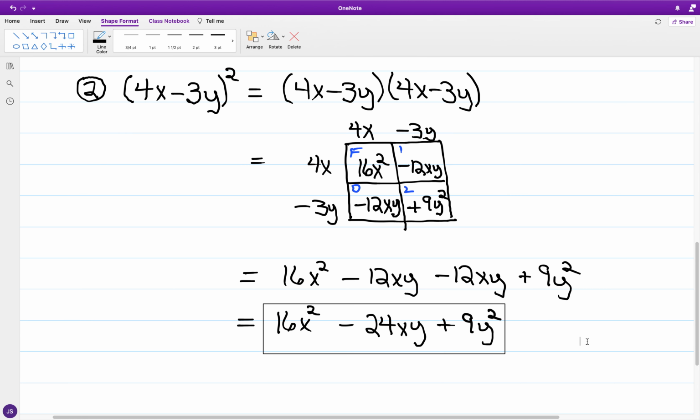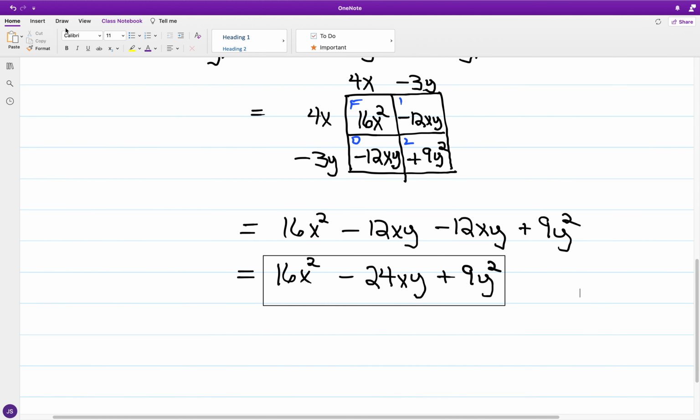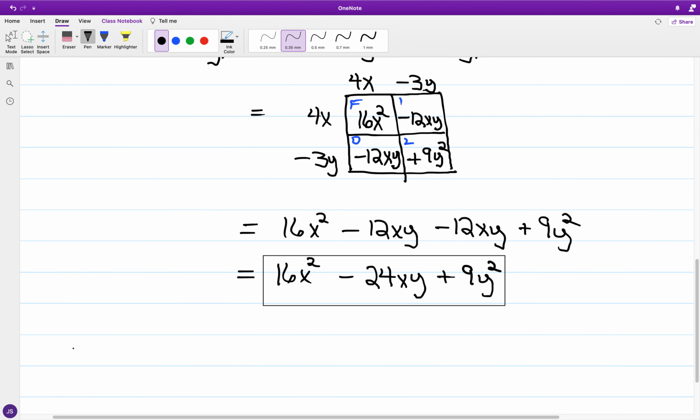And say we have another set of two-term expressions, whereupon we have the quantity 3x plus 4 times that of x minus 10.